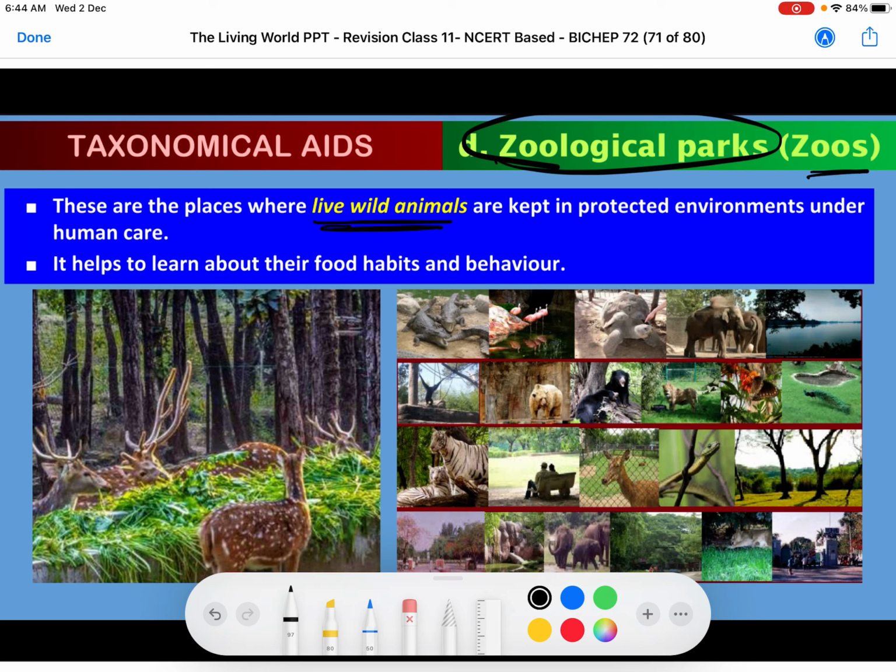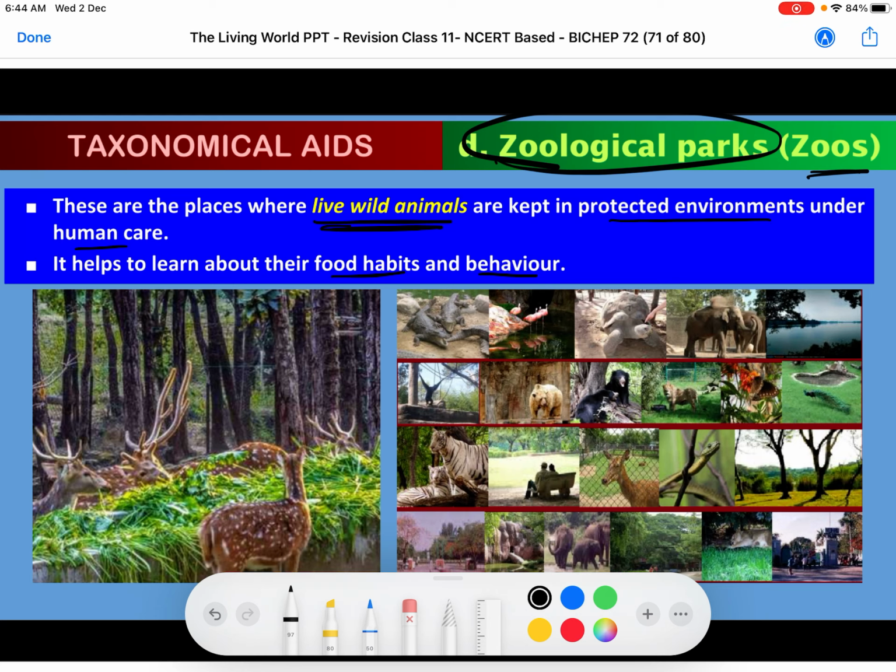They are kept in a protected environment under human care. So we are supposed to take care of them, and we learn about their food habits and behavior by keeping them. Zoological parks are very important for caring for animals and breeding animals as well.